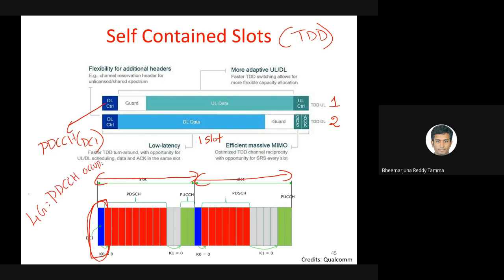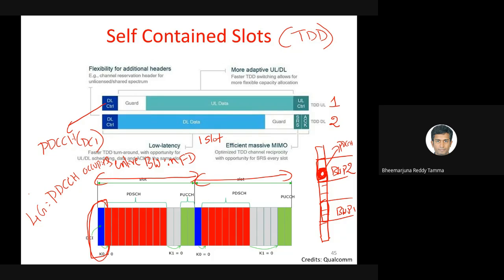it occupies the entire bandwidth in the frequency domain. Whereas in the case of 5G, if I have, let's say, these are my resource blocks, and I can assign a subset of, let's say two bandwidth parts, bandwidth part 1 and bandwidth part 2, and inside each bandwidth part I can only have a certain subset of things in the frequency domain for PDCCH.